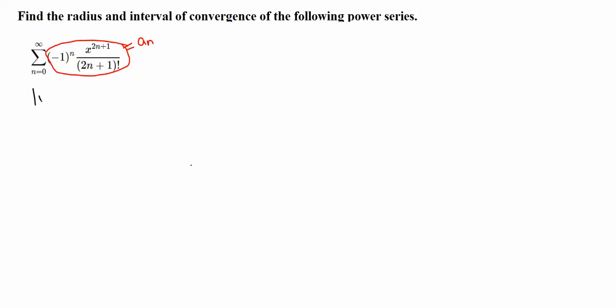So the limit of a_(n+1) over a_n as n goes to infinity.